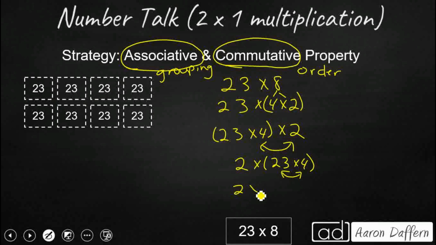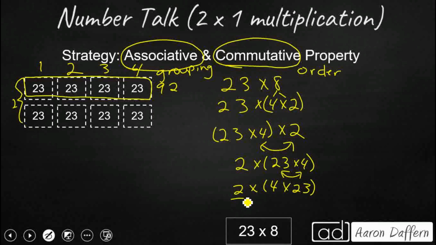You can put these factors in any order you want to. I want 4 groups of 23. That's what I've got listed right here. 1, 2, 3, 4 groups of 23. Why would I want 4 groups of 23? Well, that is going to get me 92. And now I've got 2 groups of 4 groups of 23. Well, I'm just going to take 92, 92, and that's going to get me my answer of 184.